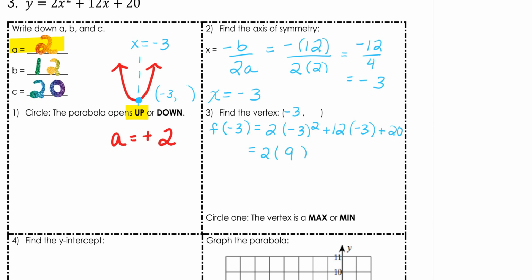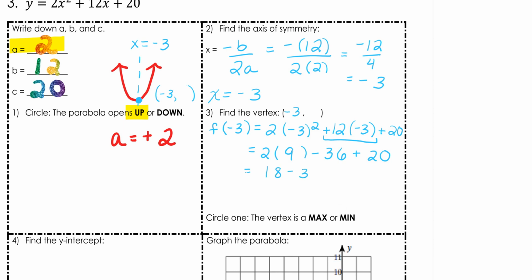Once you square something, the negative goes away. Plus 12 times negative 3. Well, one's positive, one's negative, so we're going to have a negative here. 12 times 3 is 36. And then lastly, we have positive 20. So now let's evaluate a little bit further. 2 times 9 is 18.